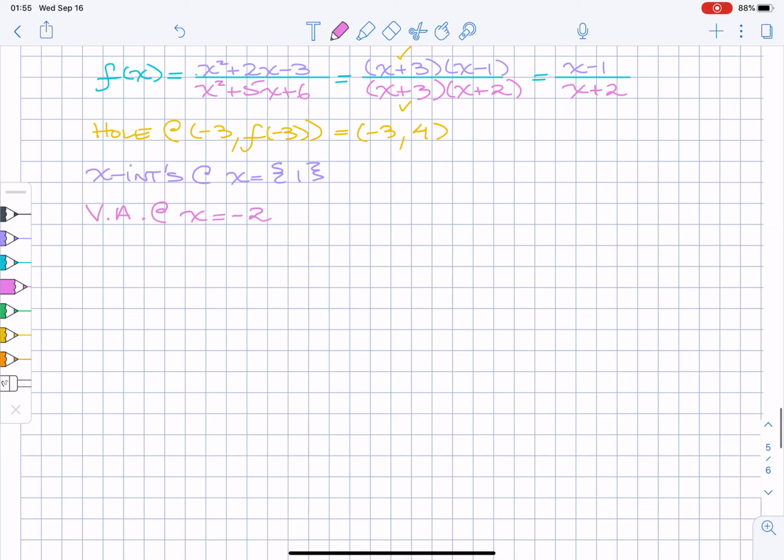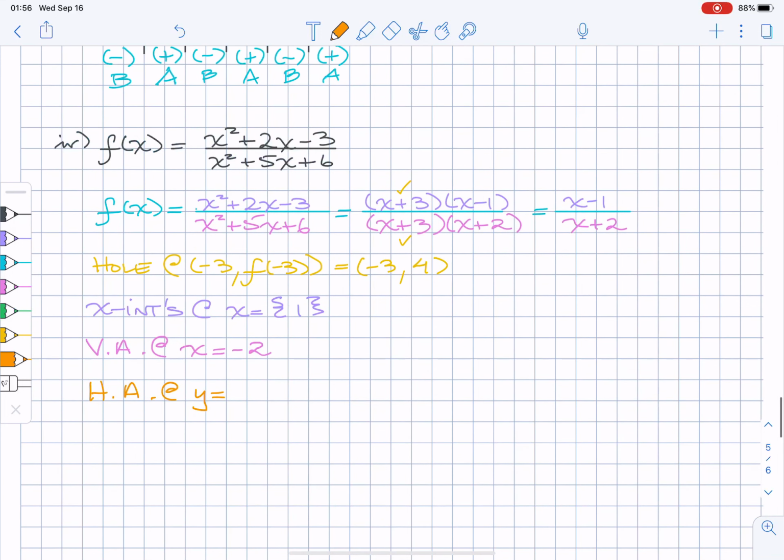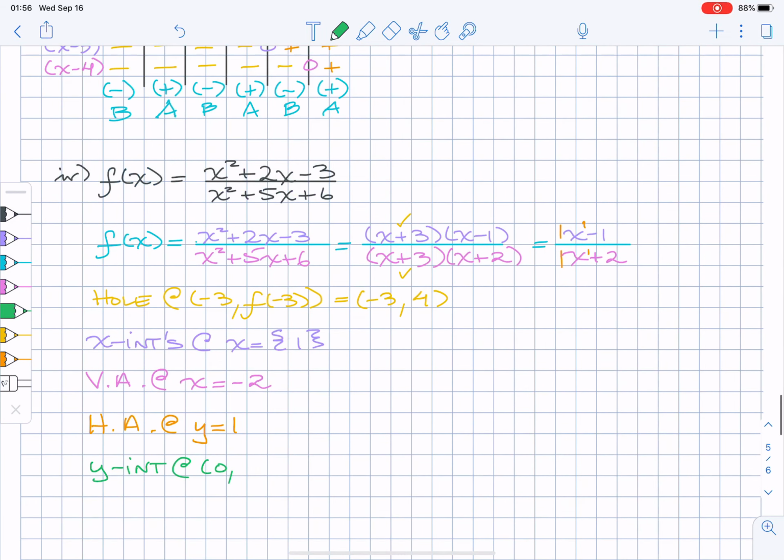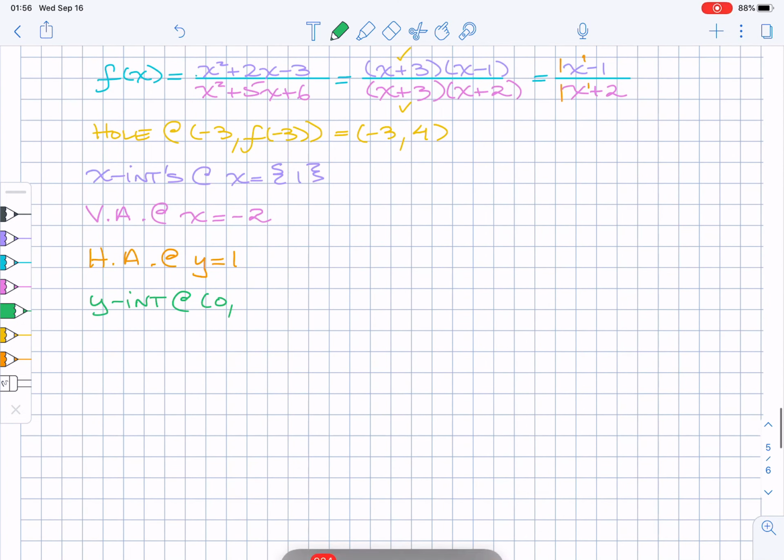My horizontal asymptote will be at y equals 1. Well, the degree of the numerator is 1 and denominator is 1, so it's 1 over 1, which is just 1. My y-intercept, if I let x equal 0, I get -1/2.